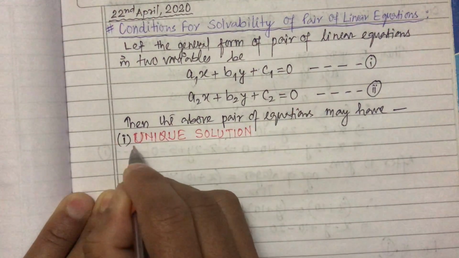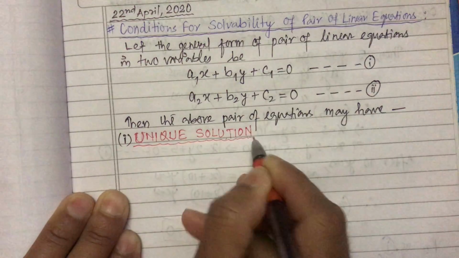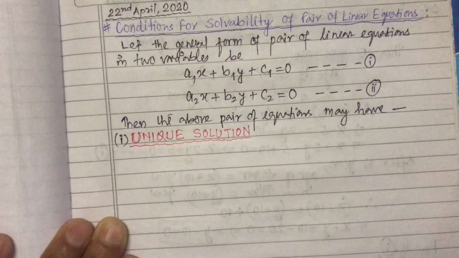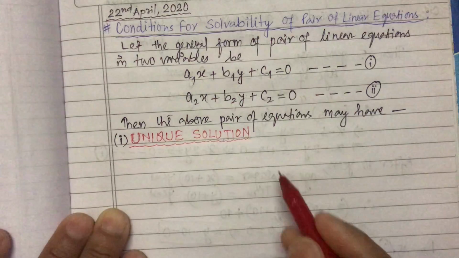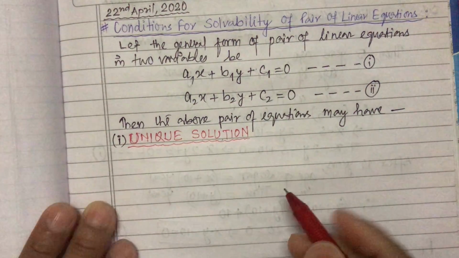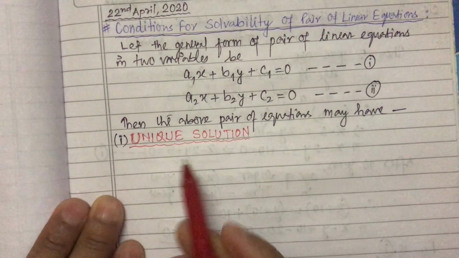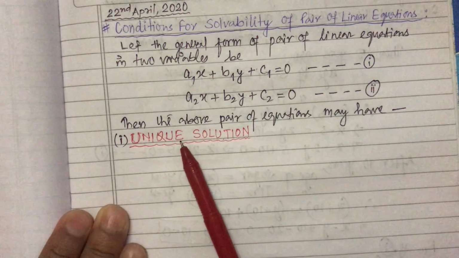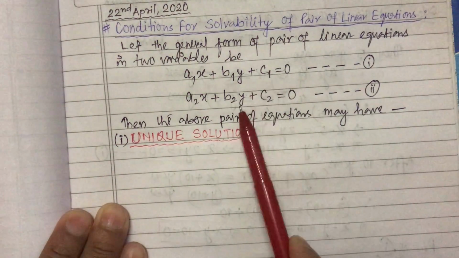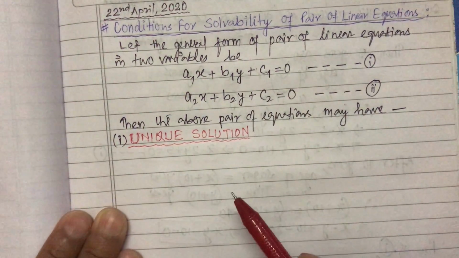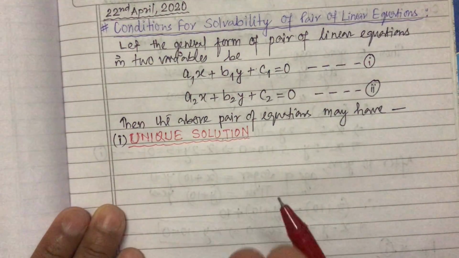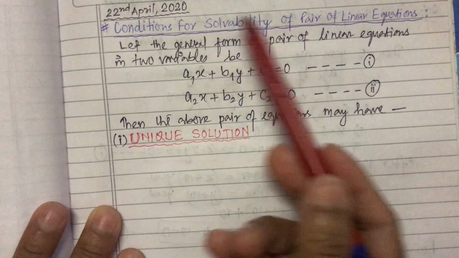Already we discussed this. Unique solution in the graphical method is where lines are intersecting. So how will you know algebraically whether these equations will have a unique solution or not? For that we have one condition, that is what we are going to learn in this topic today.